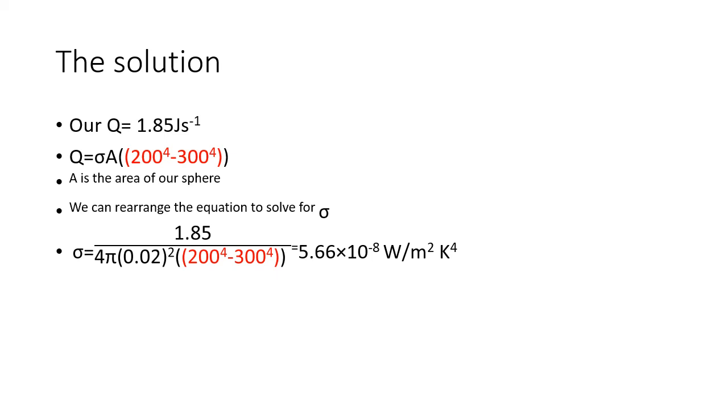So we've got 4 pi r squared, and we can rearrange our equation to find sigma, and you can see it's been done here on the slide. So we end up with a value of 5.66 times 10 to the minus 8 watts per meter squared, Kelvin to the power of 4.